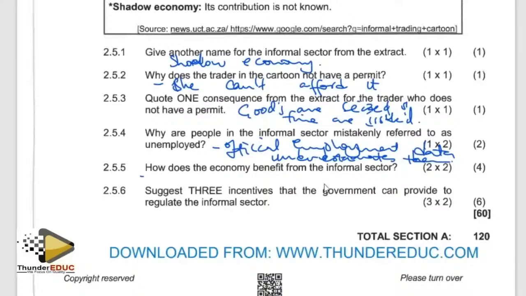How do they benefit? First of all, creation of employment. So they benefit because they are employed. Creation of employment, that is one benefit. Besides that, these people also pay tax. They pay VAT on their purchases.